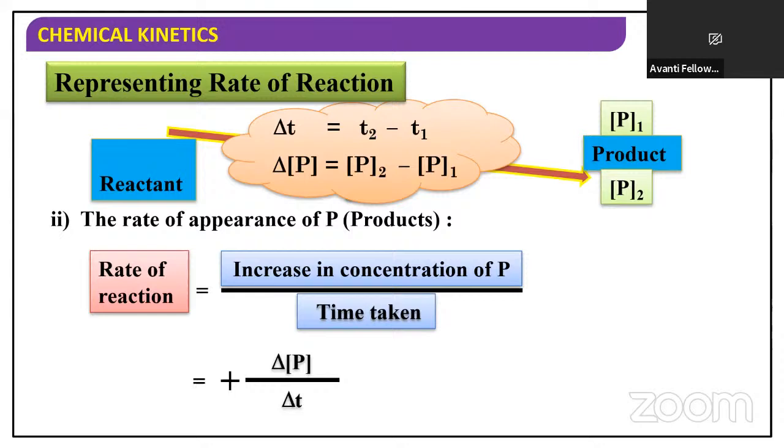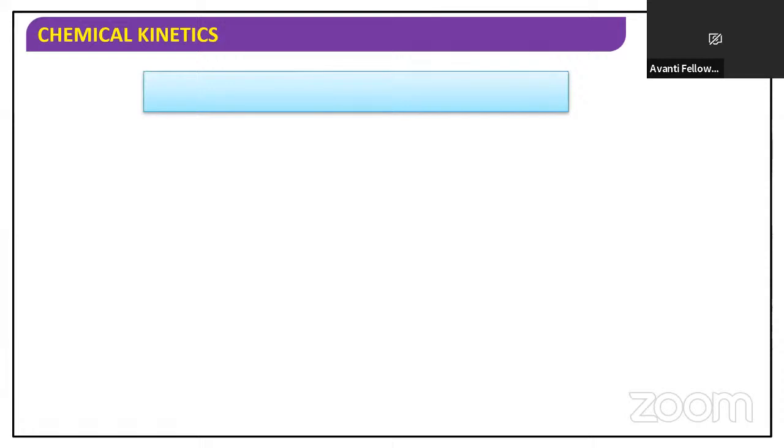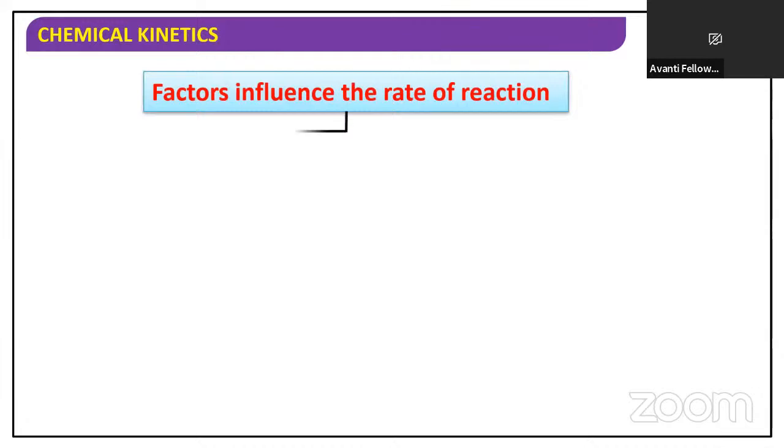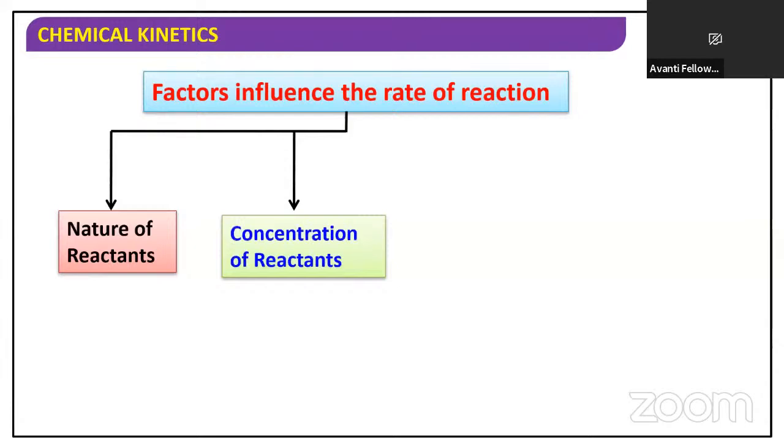Good. Now, what are the factors which affect the rate of reaction? There are many factors, but mainly we divide them into four types. The first is the nature of the reactant, which highly influences the rate of reaction. The second is the concentration of the reactant, also a very important factor.